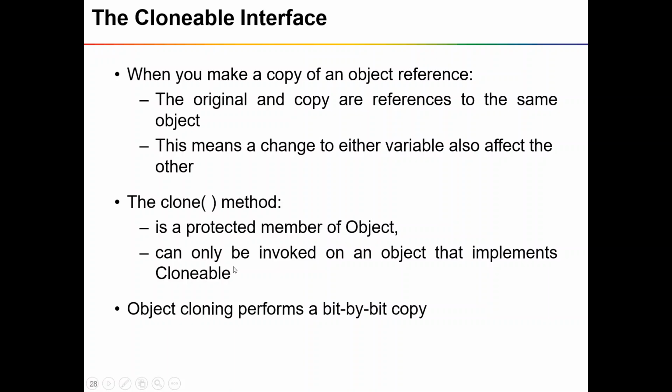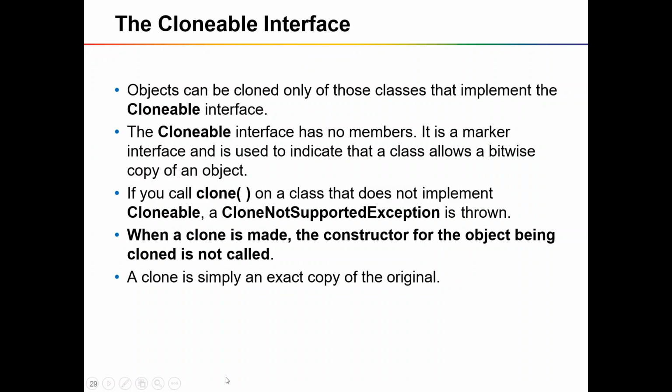The clone method is a part of the Object class and your class should implement the Cloneable interface. During cloning, it performs a bit by bit copy of an existing object, right? Cloneable is a marker interface which does not have any method. So your class should implement the Cloneable interface.